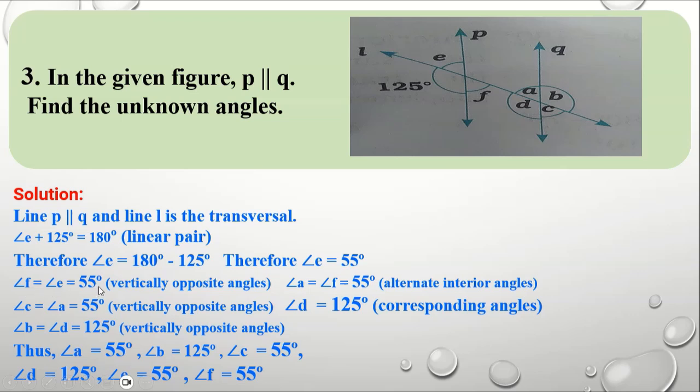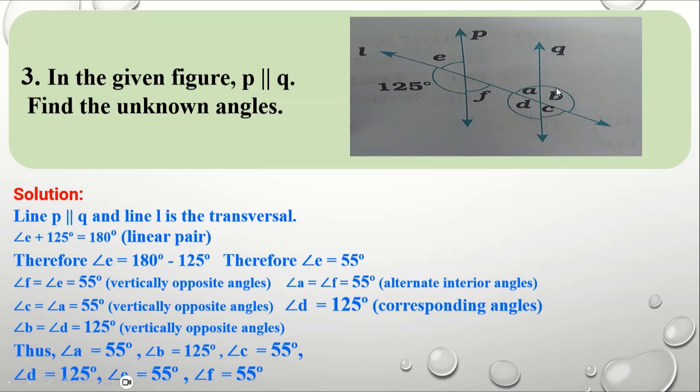So this angle e is 55 degrees. Now angle f and angle e are both 55 because they are vertically opposite angles. And angle a and angle f are alternate interior angles, so they are also 55, 55. Now angles c and d are vertically opposite angles. Angle d is 125 because it is the corresponding angle of e.